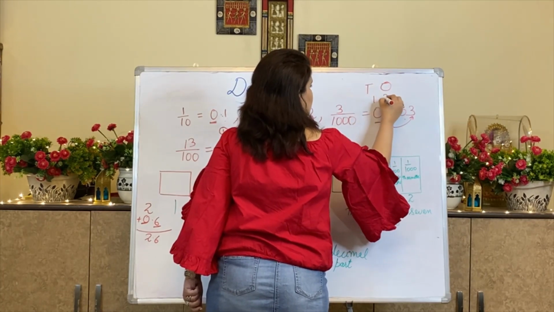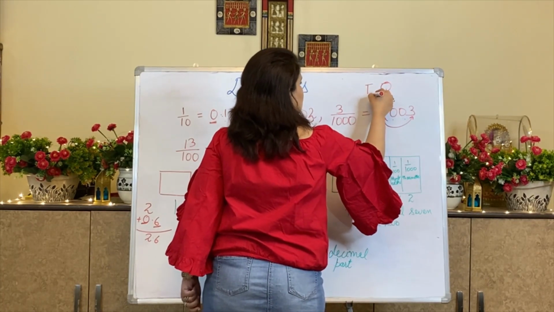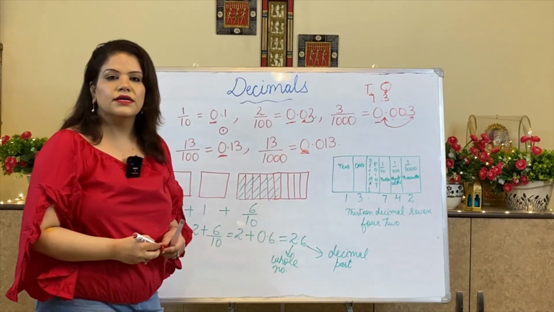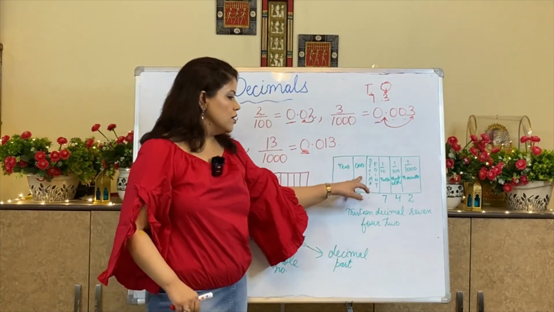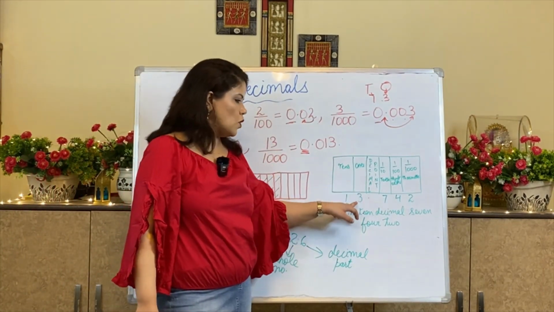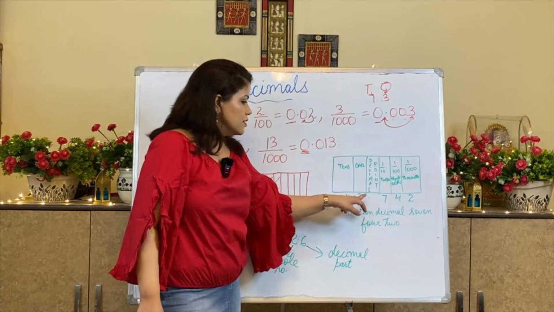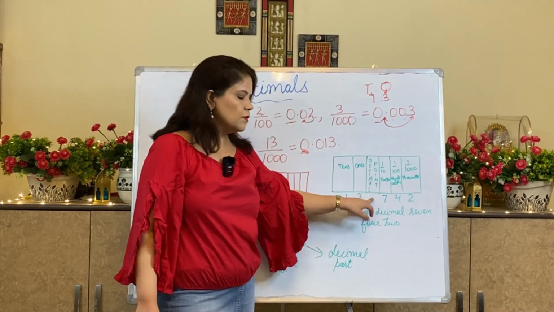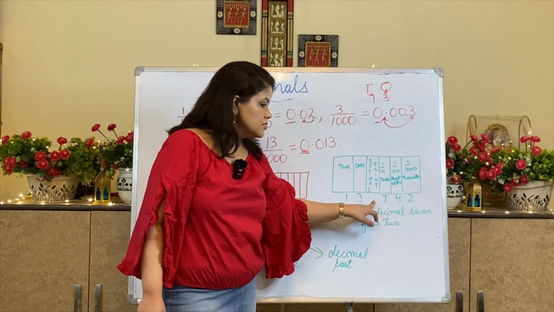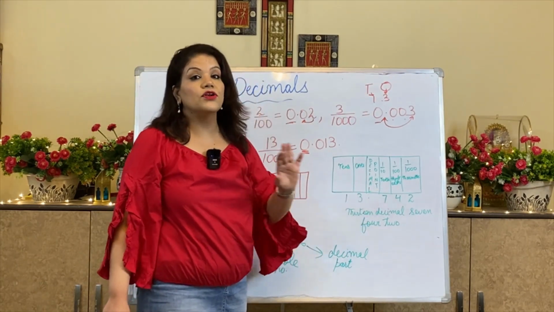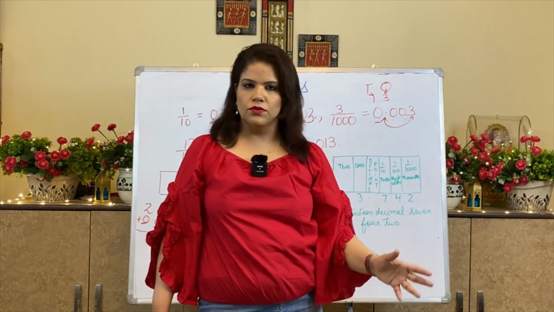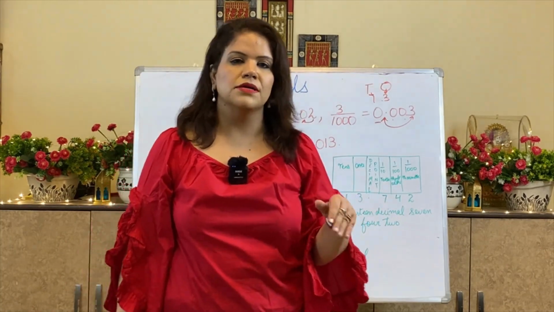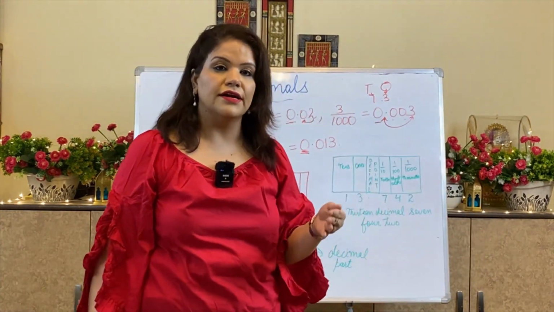In that, if I have written 13, 3 is ones, 1 is tens. In the same way, this is ones, this is tens. This is the decimal point. Now after the decimal, I will not read it as 742. We don't read decimal numbers as 742.